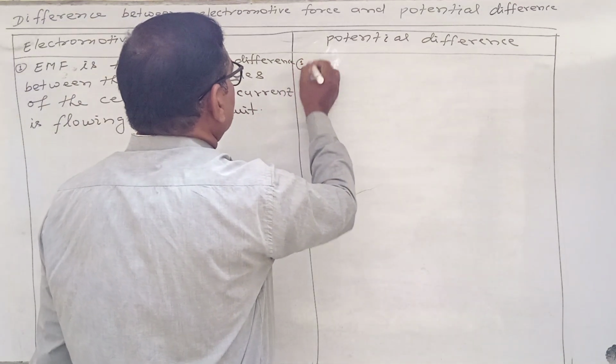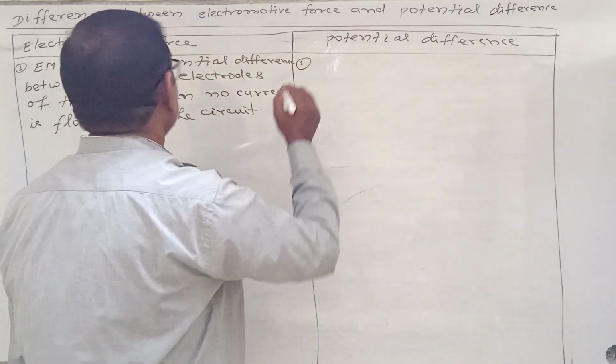Now we write the first point in potential difference.